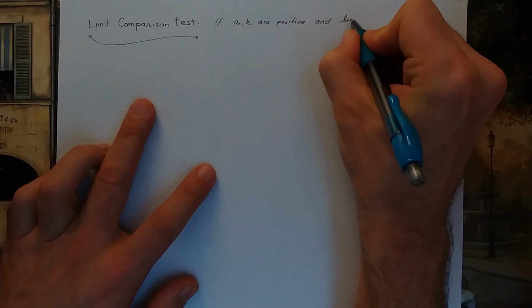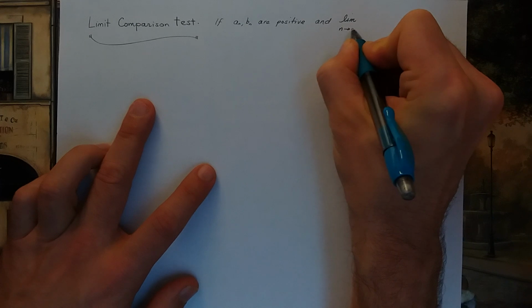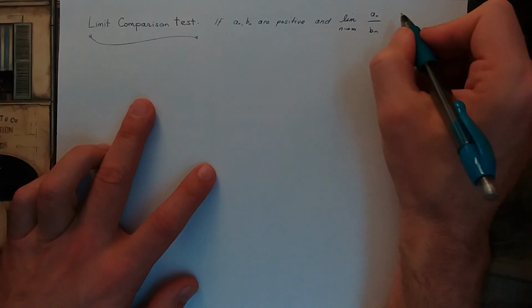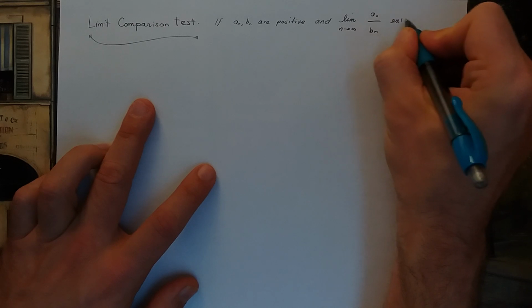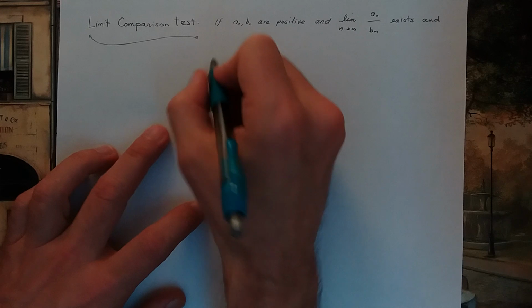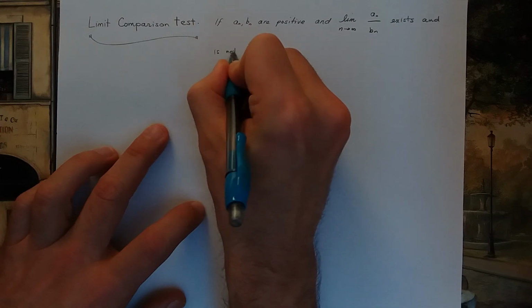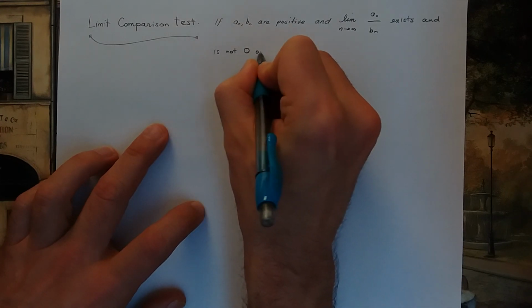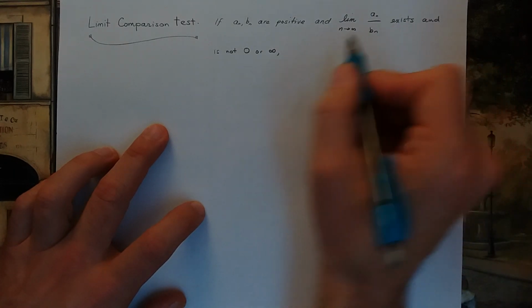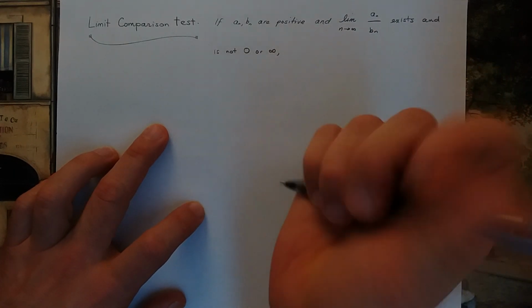I want the limit of a_n over b_n to exist and not be 0 or infinity. So the limit has to exist and be a number between 0 and infinity.